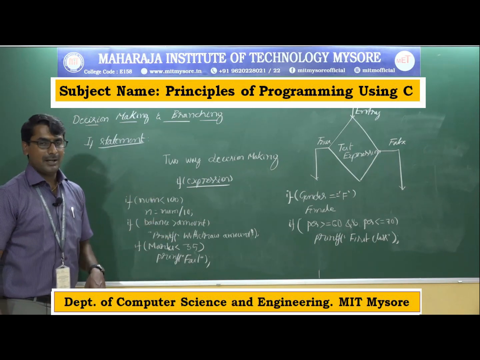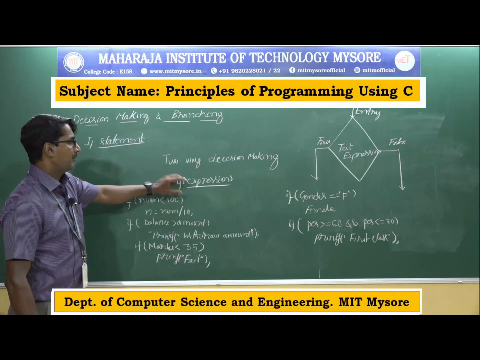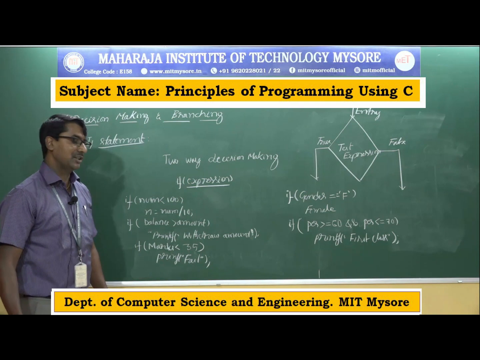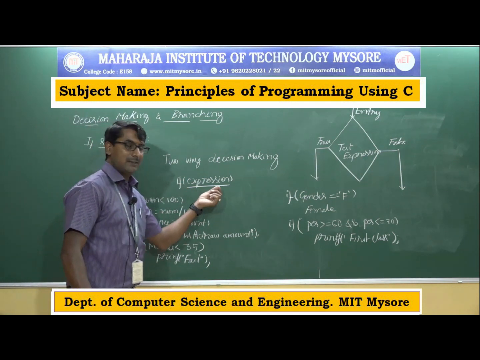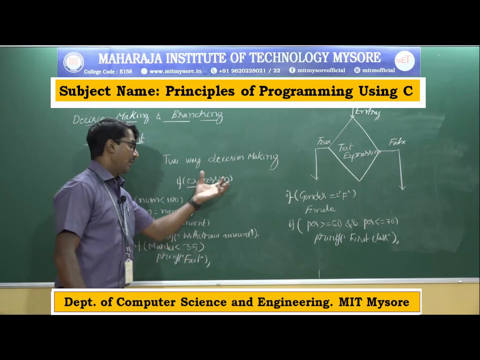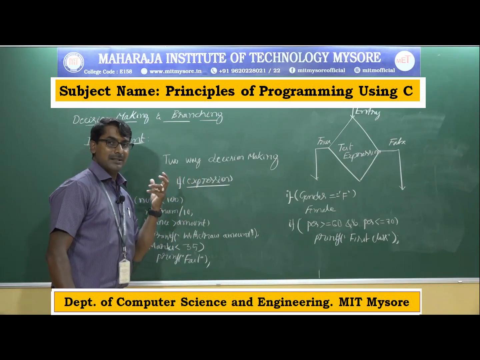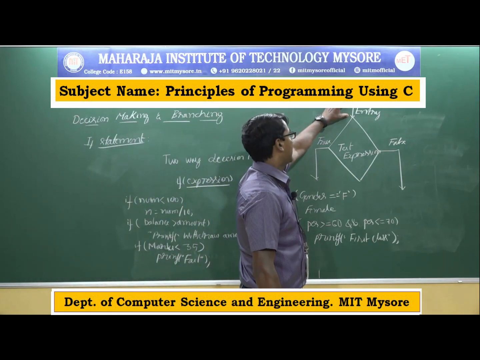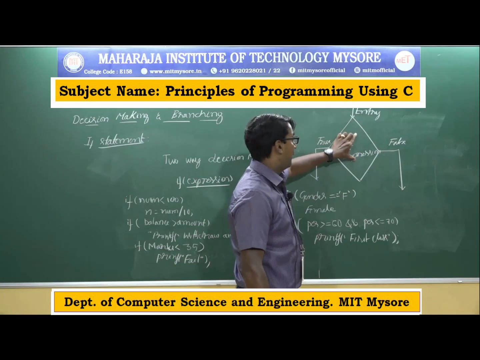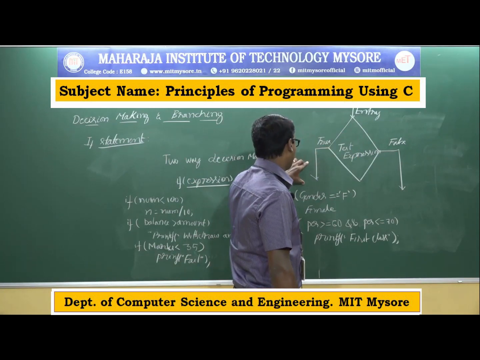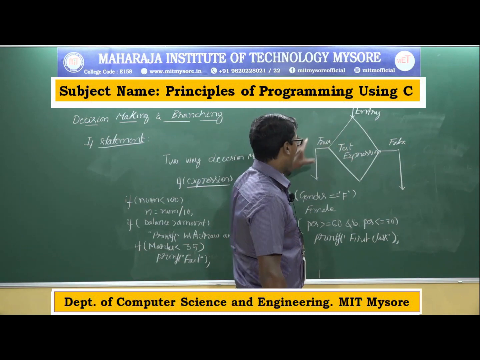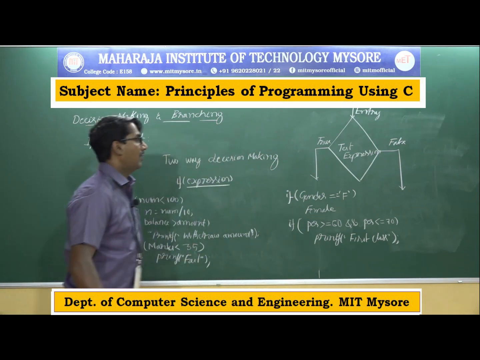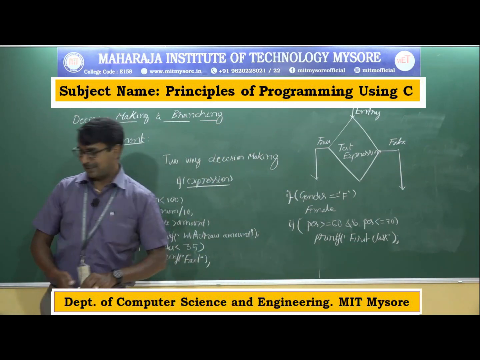The general syntax is if expression, where the expression may be a combination of arithmetic, relational and logical expressions. First the condition is evaluated. If it is true, the corresponding block executes; if false, the block is skipped. In the flow diagram, the entry condition is verified; if true, the true block executes, and if false, the true block is skipped and the false block executes.